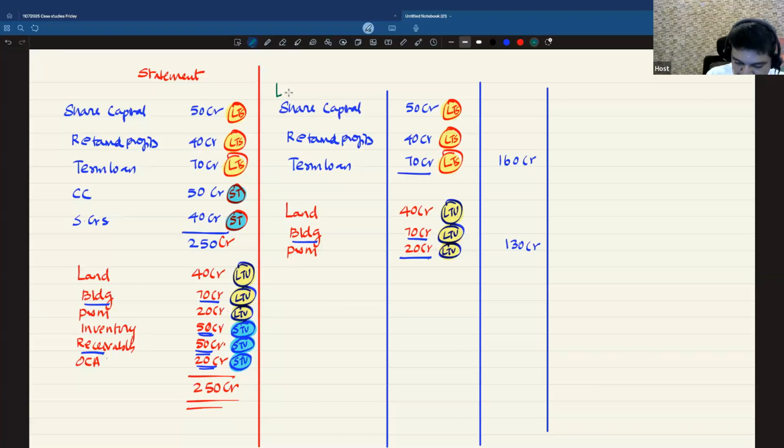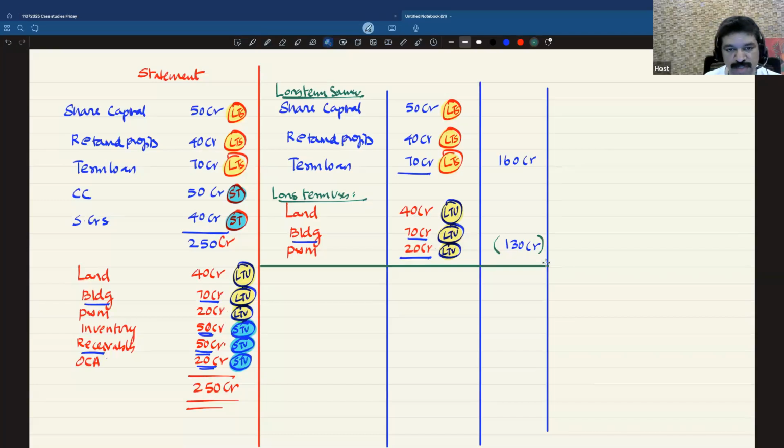So let me write that here. Long-term sources is this, and long-term uses is this. The sources is 160 crore, uses is 130 crore. It means on the long-term front, do you have a surplus or deficit?